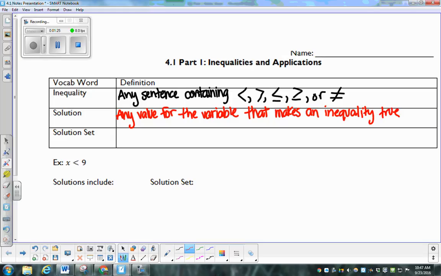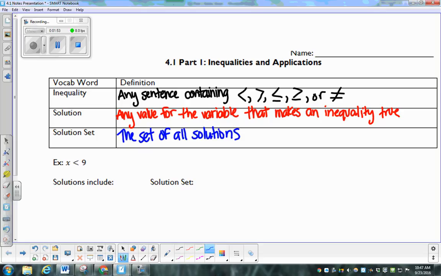So any number you can plug in for your variable that makes it work, those are all solutions. So you usually will have a lot of solutions to your inequality. Your solution set is when you put all of those solutions together. It's the set of all solutions. So solutions are anything that work. The solution set is when you state all of them at once.